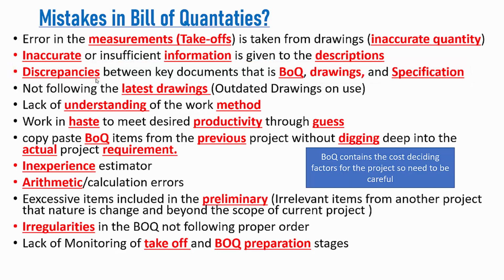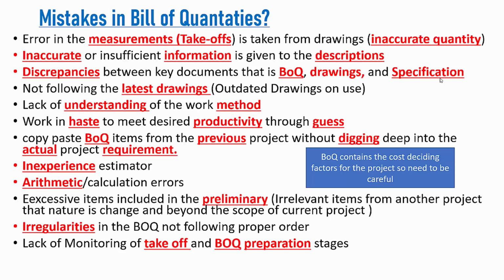You need to keep these documents with you all the time, and most of the time you have to work on these three documents. In my experience, I have seen that whether newcomers or some experienced quantity surveyors, they avoid specifications. But the specification gives an understanding of the work and the full scope of the work.